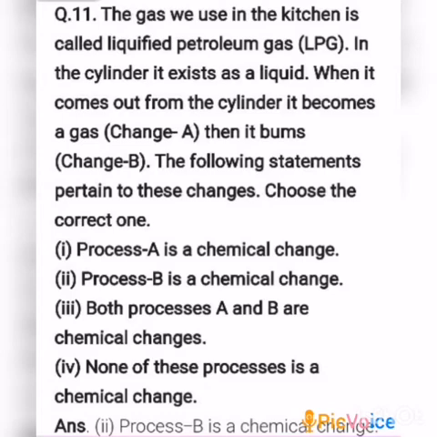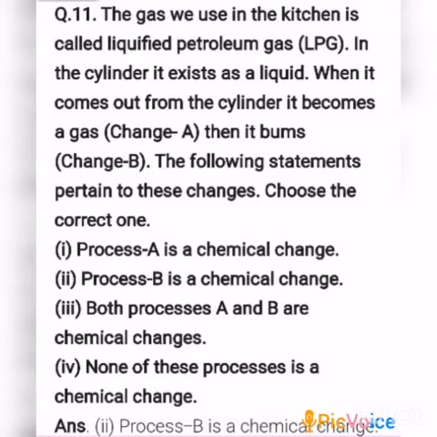The next option is both processes A and B are chemical changes. The last is none of these processes is a chemical change.